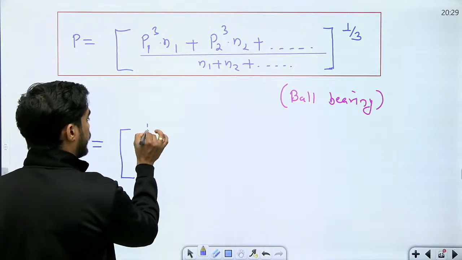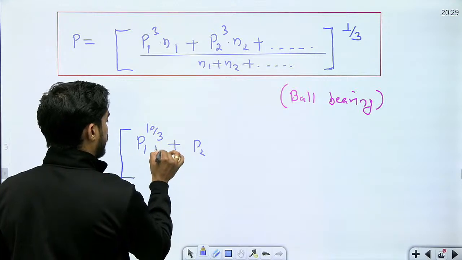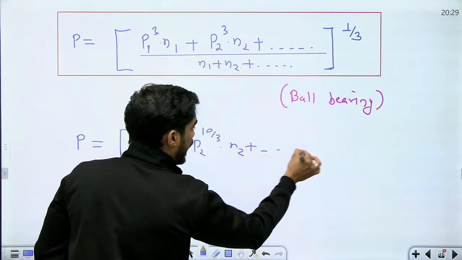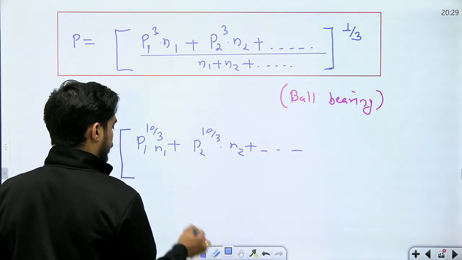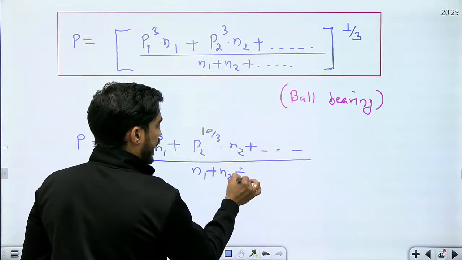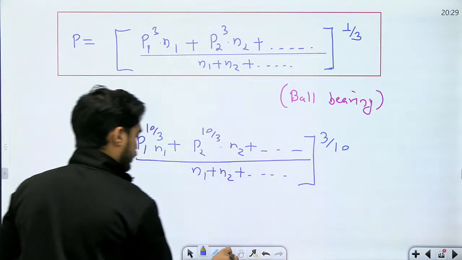For roller bearing, it will become 10 by 3. So it will be P1 to the power 10 by 3 N1, P2 to the power 10 by 3 N2, and so on, whole divided by N1 plus N2 and so on to the power 3 by 10.